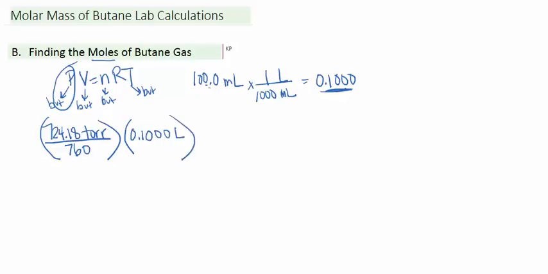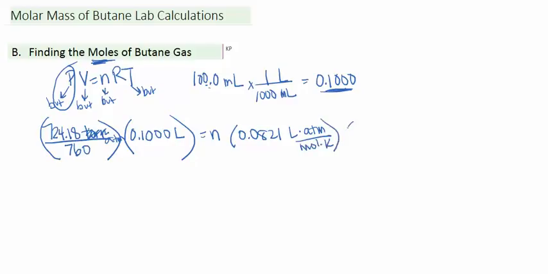Okay, this is going to be in atmospheres. PV equals nRT. n is what I'm solving for. I'm trying to find the moles of butane gas. The R is the gas constant, 0.0821, and that's liters times atmospheres over moles times Kelvin.